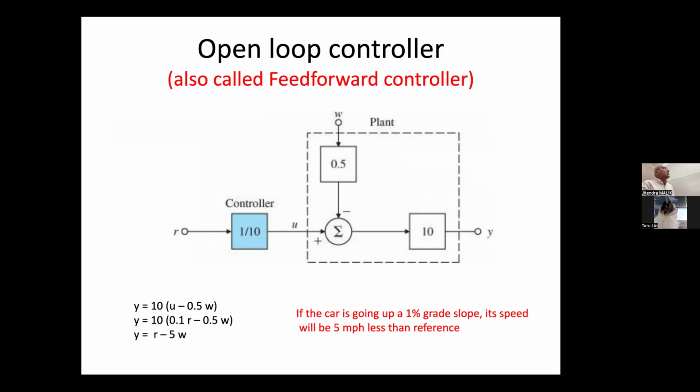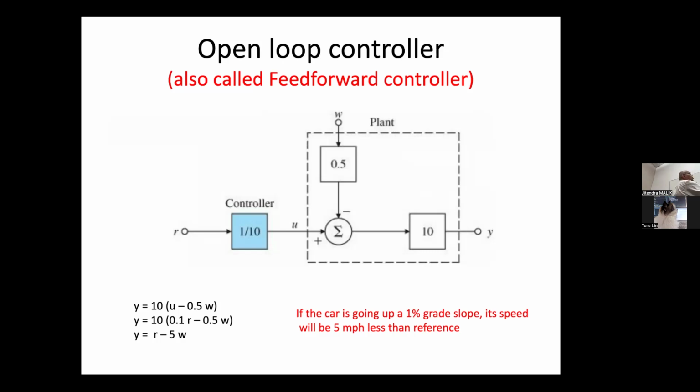So there's y. y equals 10u minus 0.5w. This is essentially saying the effect of the accelerator, which is the control u, and then there's the effect of the slope, right?